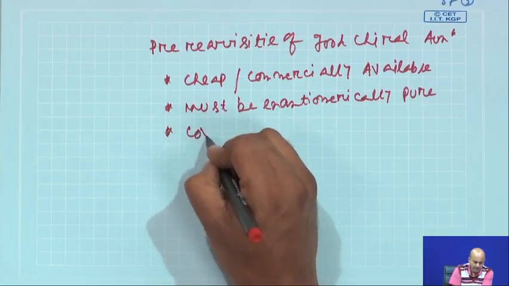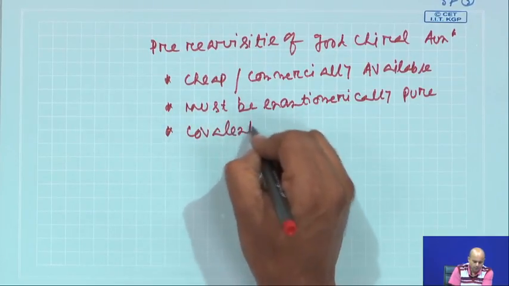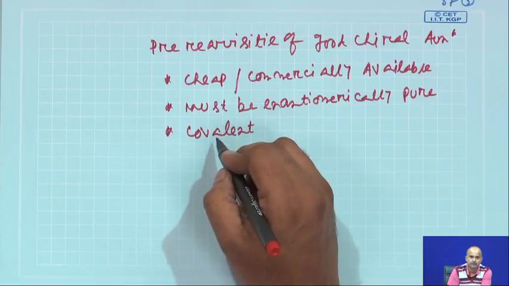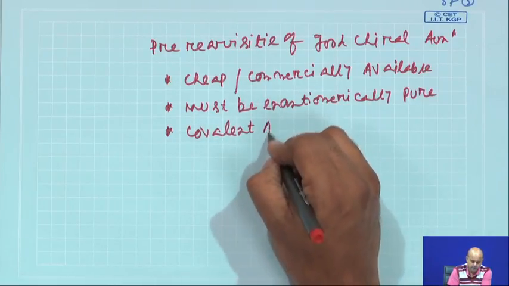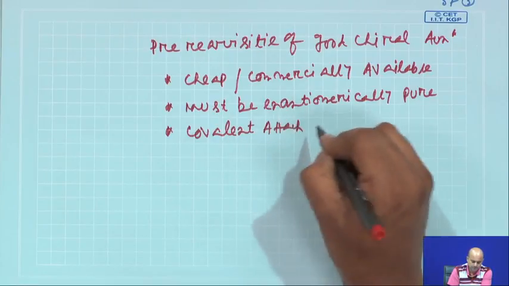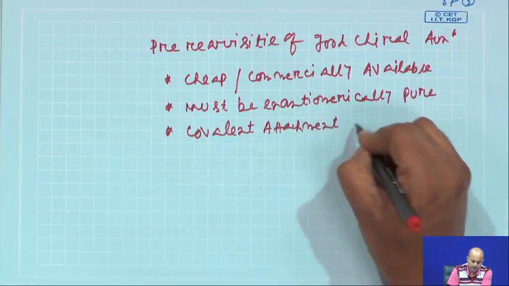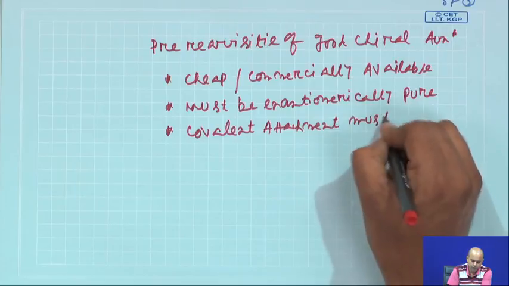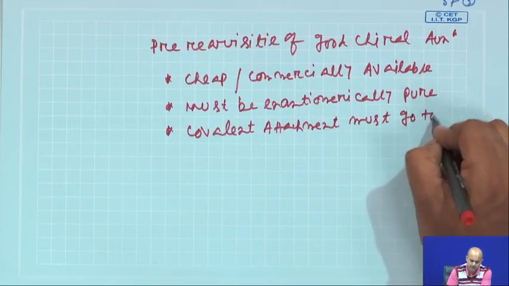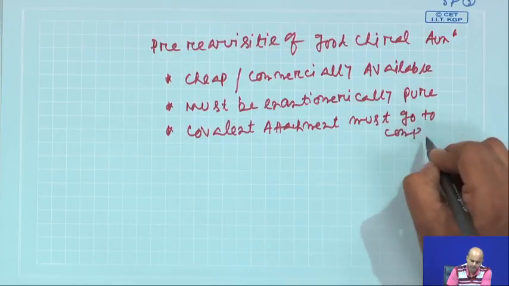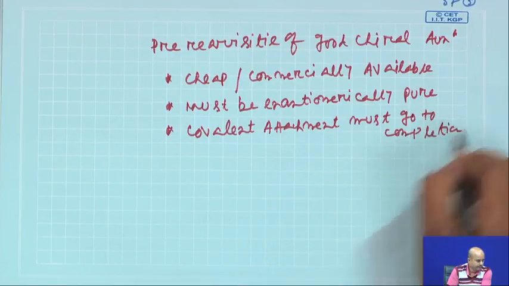The covalent attachment, by which you attach the substrate to the auxiliary, must go to completion, meaning the reaction should undergo completion. This is one of the essential criteria.